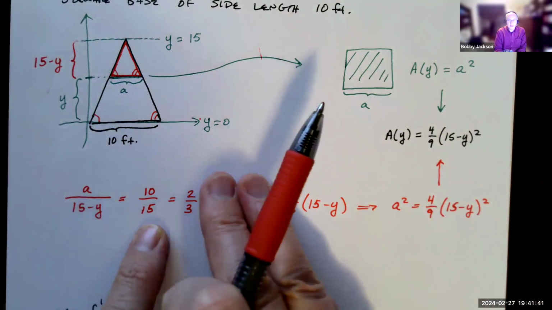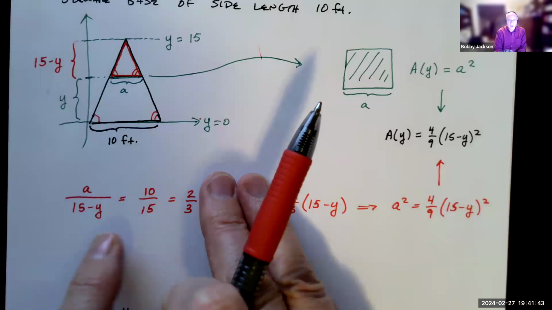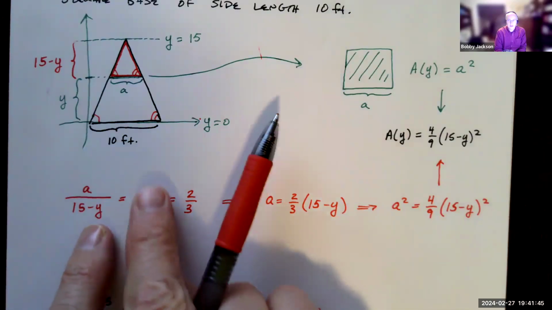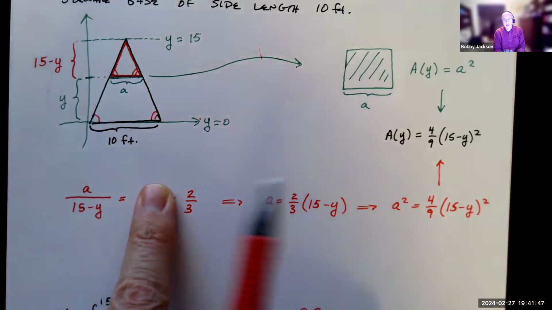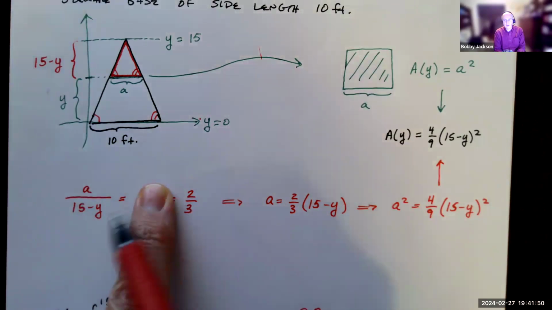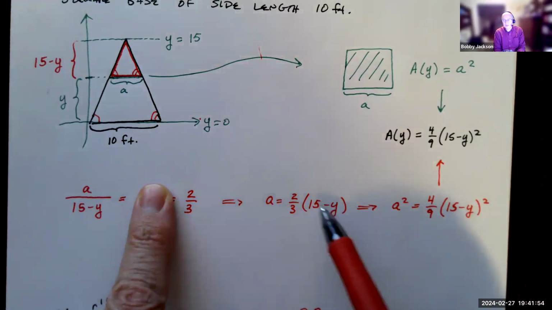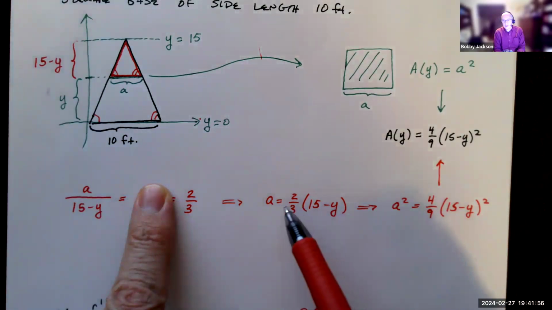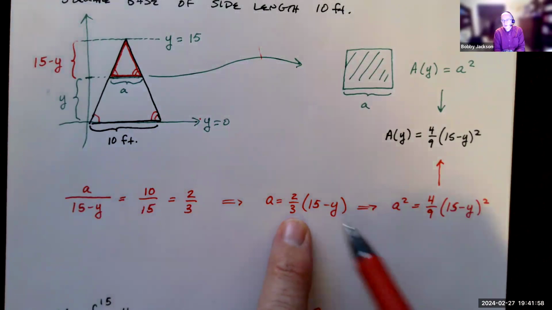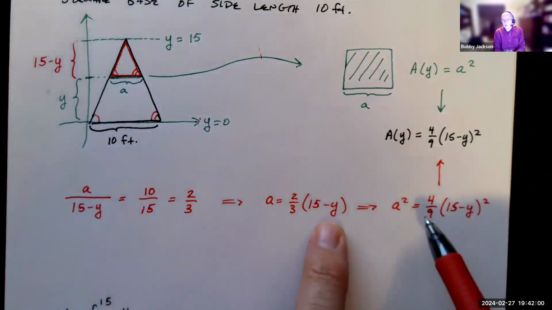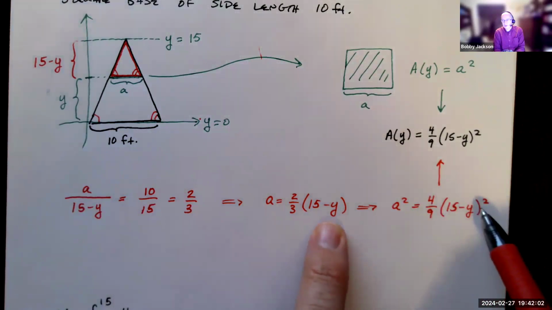Now 10/15 is 2/3. So I've got a over 15 minus y equals 2/3. If I multiply both sides by 15 minus y, I get a is 2/3 times 15 minus y. So there it is. If I square this, squaring 2/3 gives me 4/9, and squaring 15 minus y, I get (15 minus y) squared.